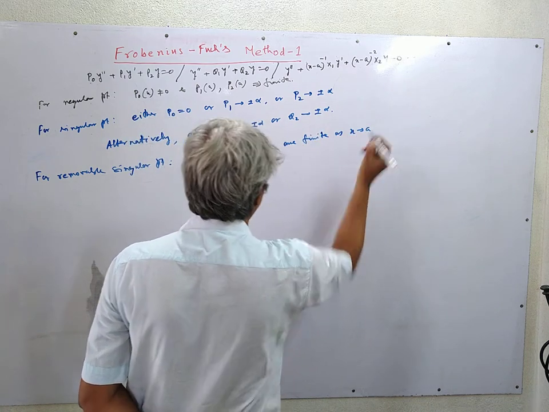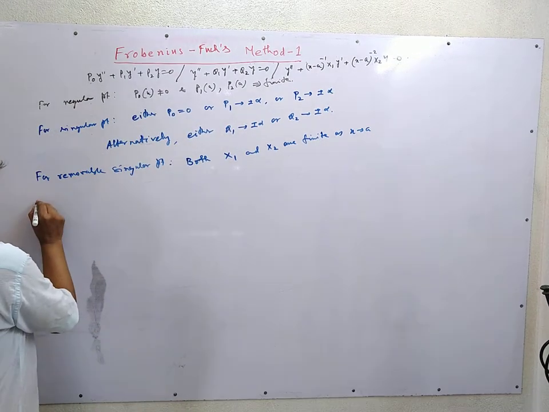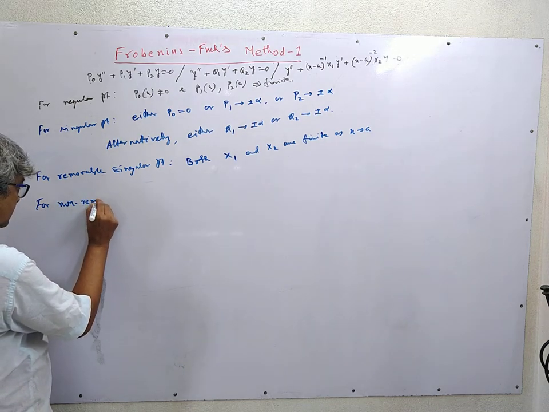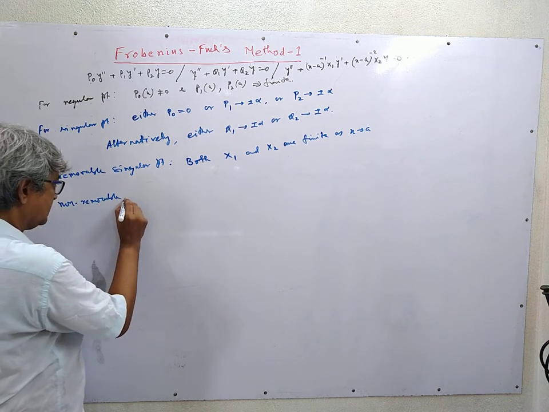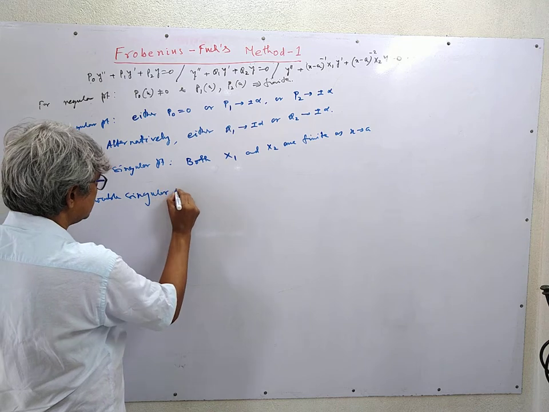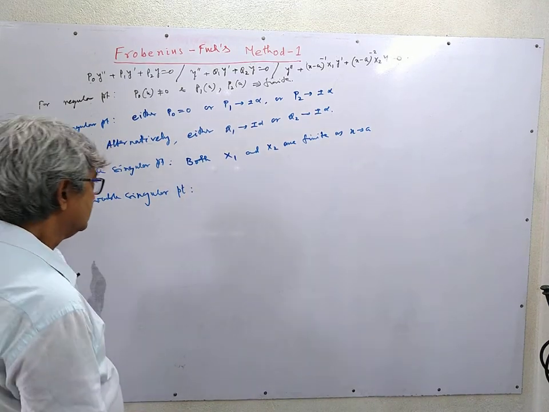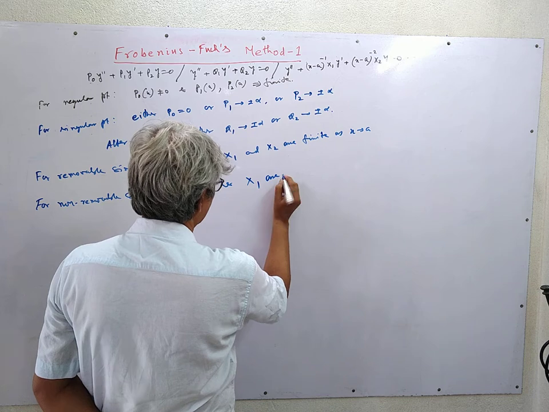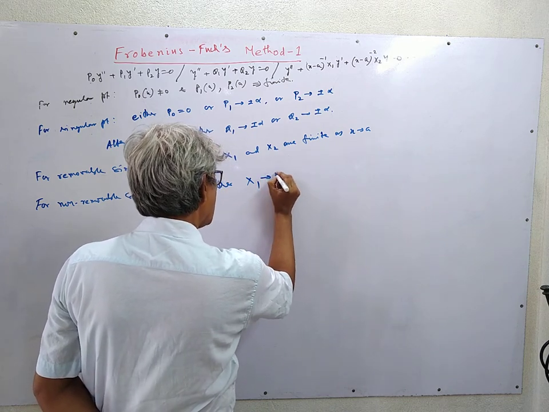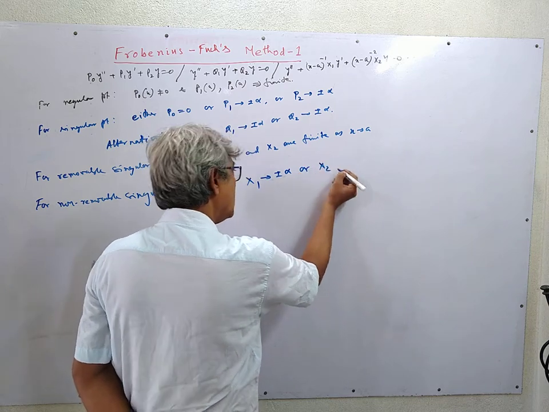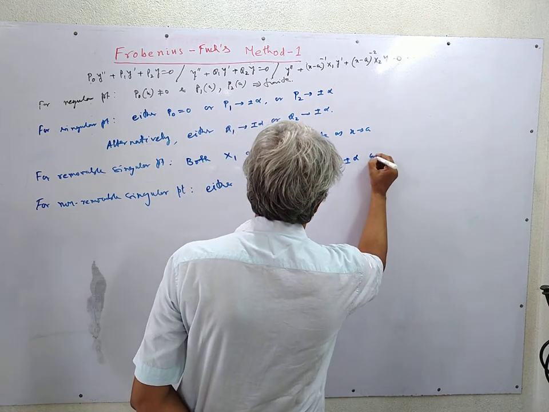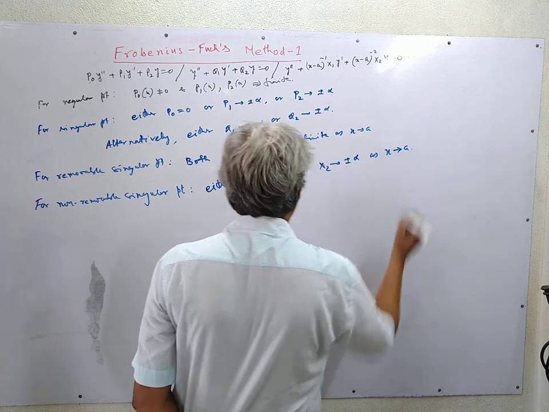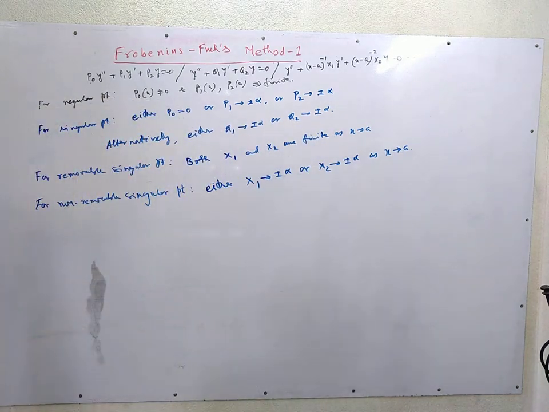as x tends to A. Either x1 or x2 as x tends to A. This is the summary of the singularity analysis.